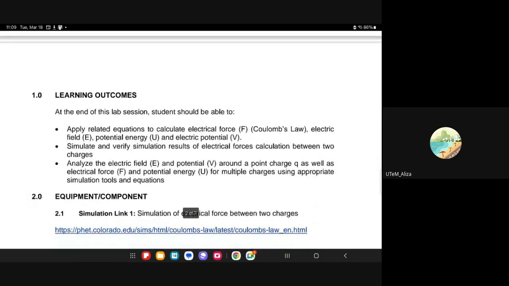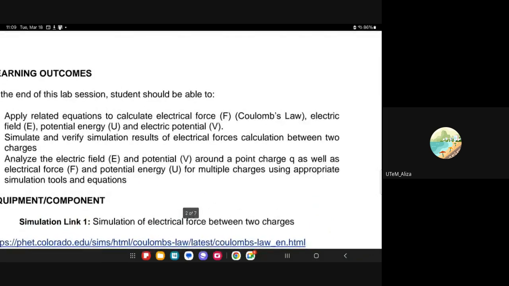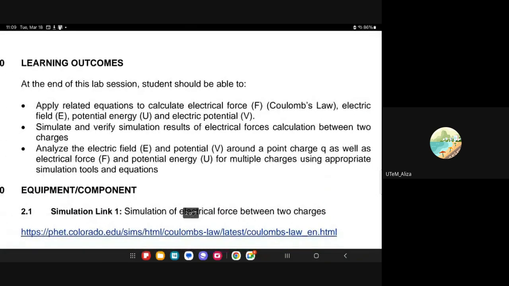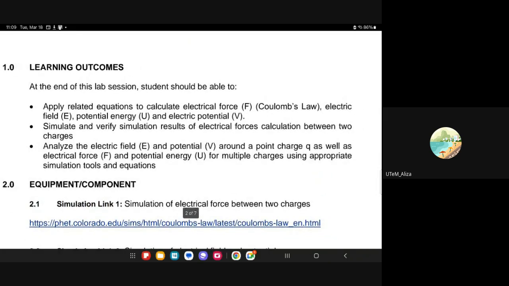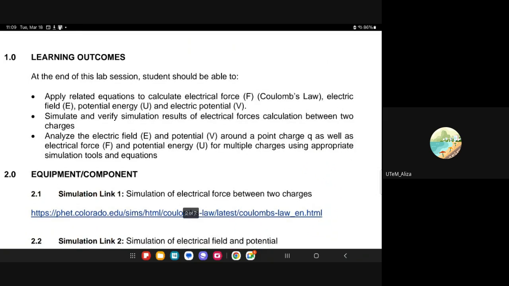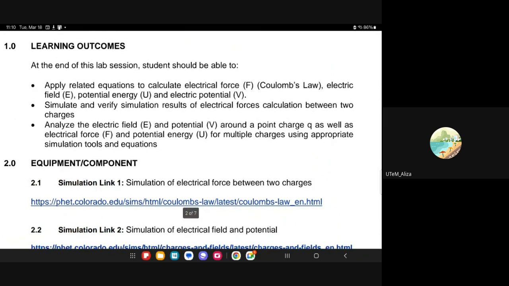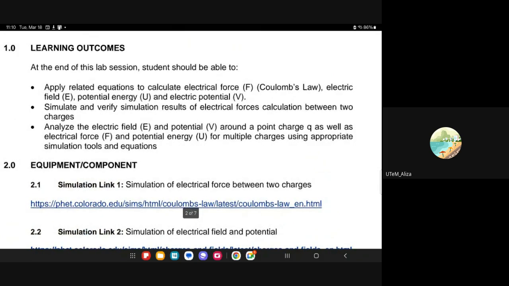And for Lab 1, as you can see here, there are 3 learning outcomes listed that we instructors expect you to achieve. Students should be able to apply equations to calculate electrical force, electrical field, potential energy, and electrical potential.